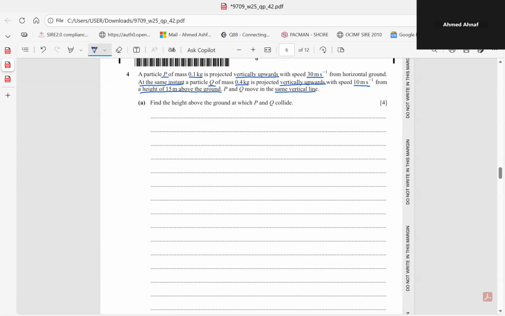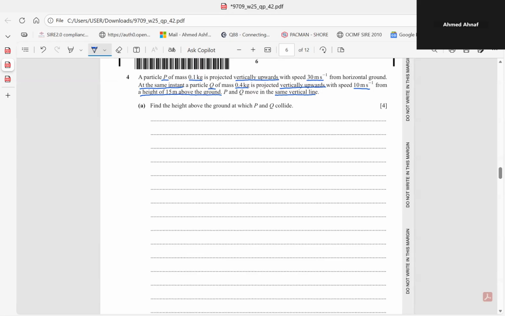All right, so first part, we need to find the height above the ground at which P and Q collide. Let's make a little sketch. So this is P. P is projected at 30 meters per second vertically upwards, and I'll put a bracket here with its mass.